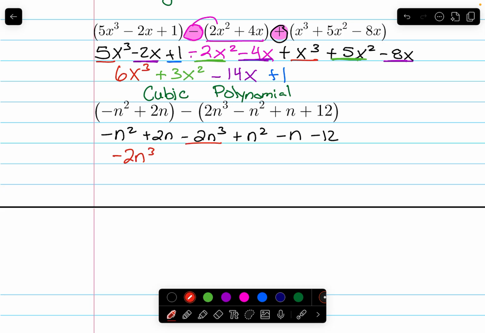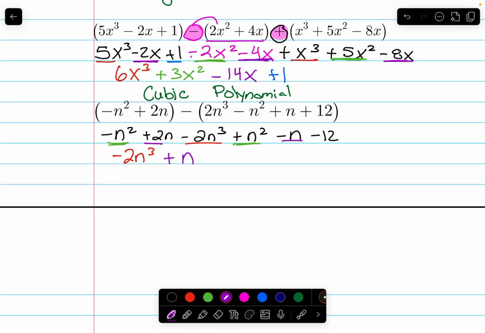Cool. Now I notice I have a negative n squared and a positive n squared. Negative 1 plus 1, it cancels each other out. They're gone. And I don't want to write them if I don't need them. That's a waste of time. So if it's 0, we don't need to write it down. Moving on to the next one. And then 2n minus n is just a positive 1n, or just n.